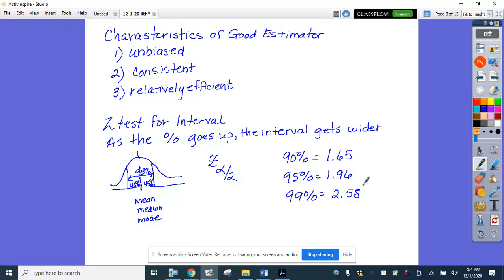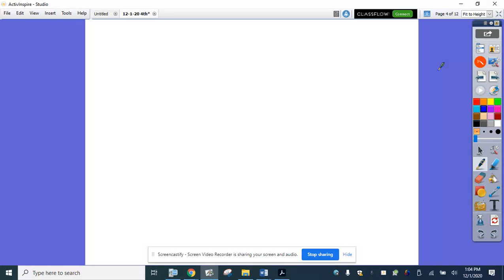Okay, so for the z-test, when I do a confidence interval, there are a couple of things that have to happen. When we do a z-test to create a confidence interval, we know, first of all, that we only use this when we have samples of 30 or larger.